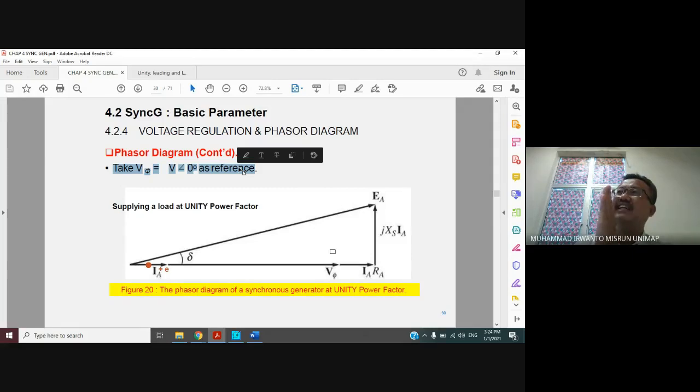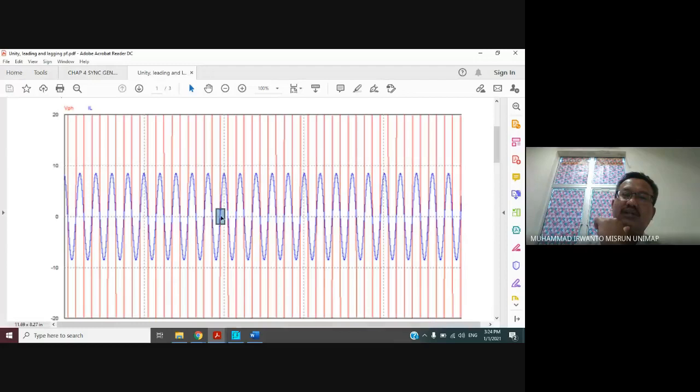Phase voltage is the reference. I repeat again, phase voltage is the reference. For this waveform, for the unity, the lagging, and the leading power factor, the phase voltage or terminal voltage is the reference.